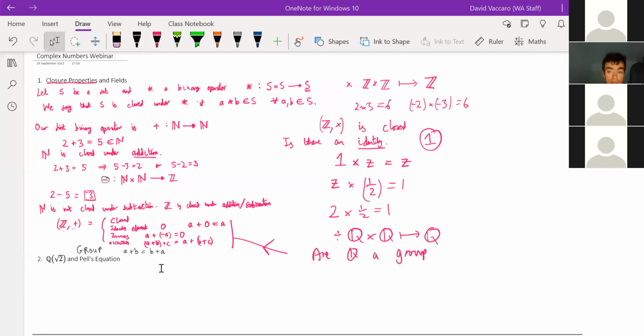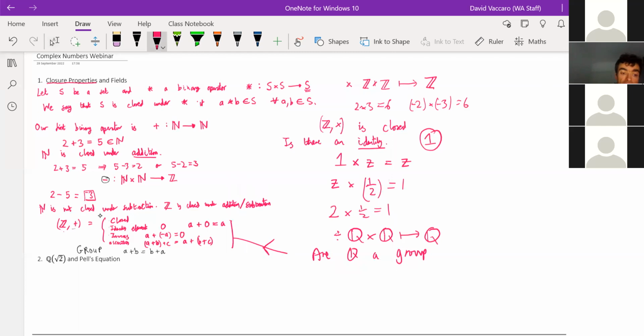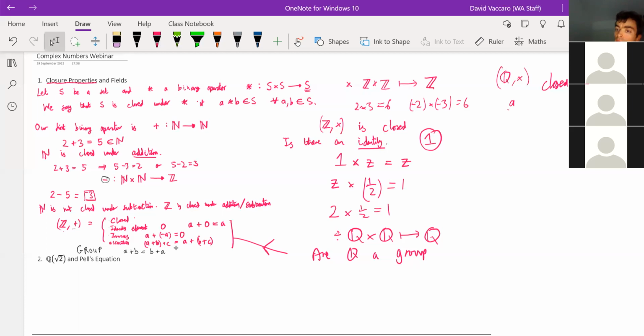So lots of people have said yes, the rational numbers are a group. So let's check. Is it closed under multiplication? Well, yes, if I multiply 2 fractions, I always get a fraction.